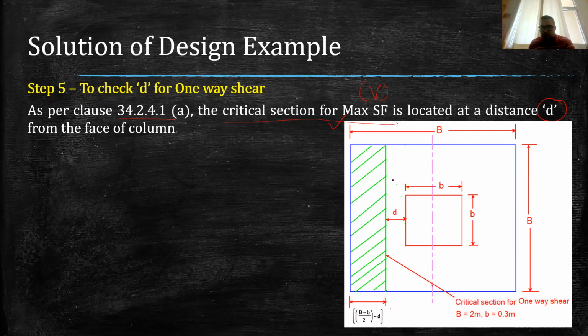So here critical section is located at D distance from the face of the column, and again here we have to consider whether we consider LHS or RHS. Now in the LHS we will be having only the net upward pressure, but in the RHS we will be having force coming on the column and net upward pressure in the remaining area. So here also we will consider only the LHS.